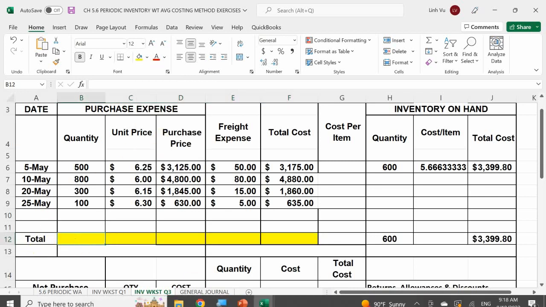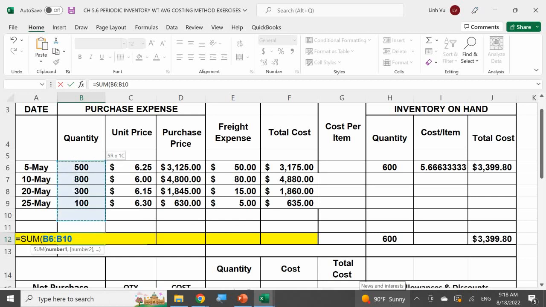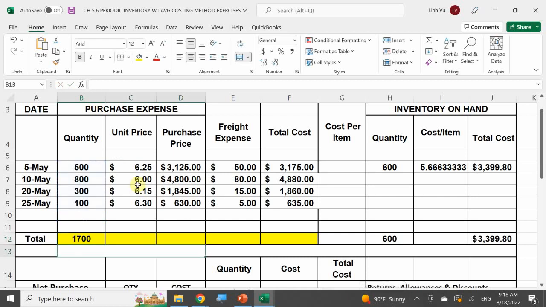Starting with our total quantity, how many total items did I purchase? 500 plus 800 plus 300 plus 100 is 1,700 units.